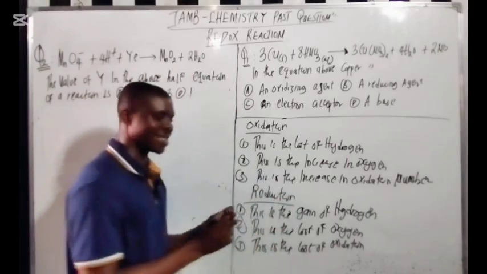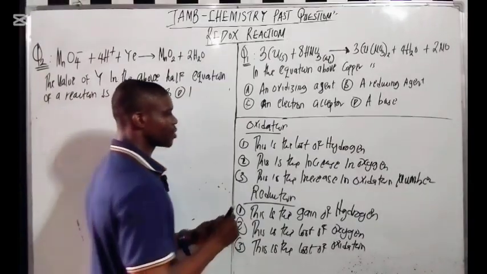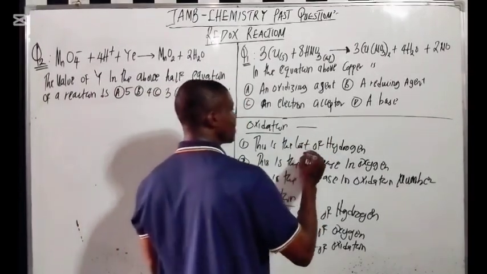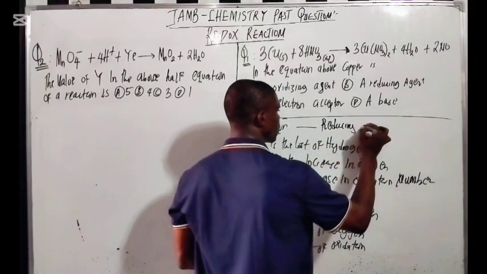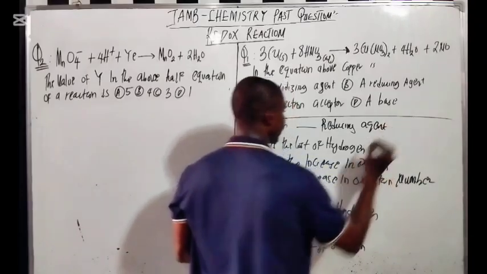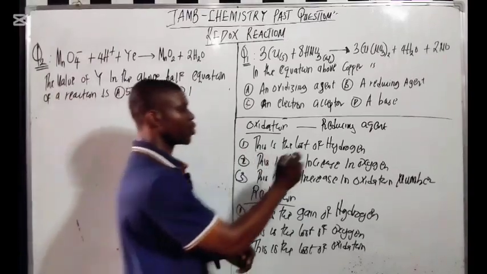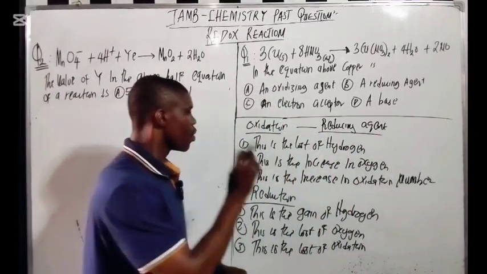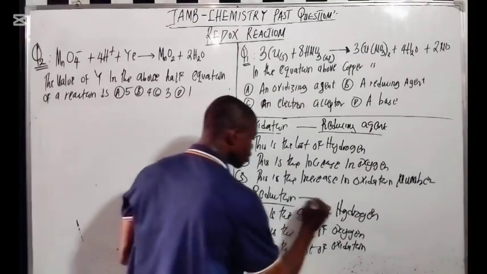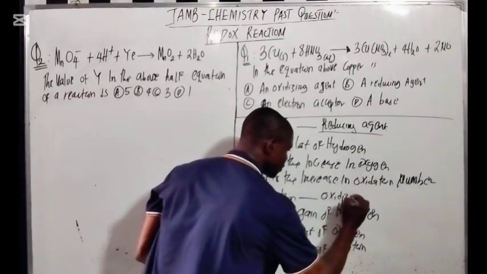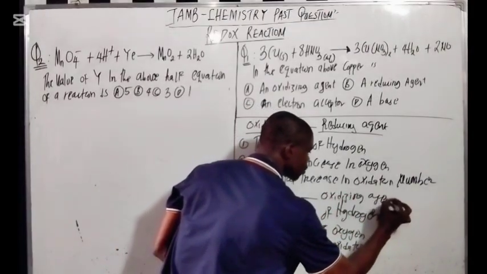This is something you need to understand here. Another thing to understand is that oxidation is the reducing agent. Please take note of this. Oxidation is the reducing agent, while reduction is the oxidizing agent.